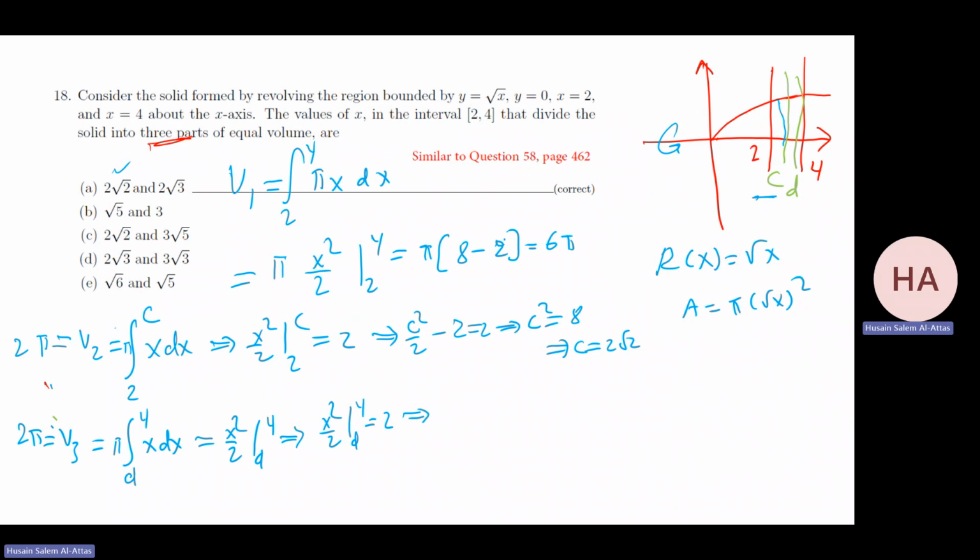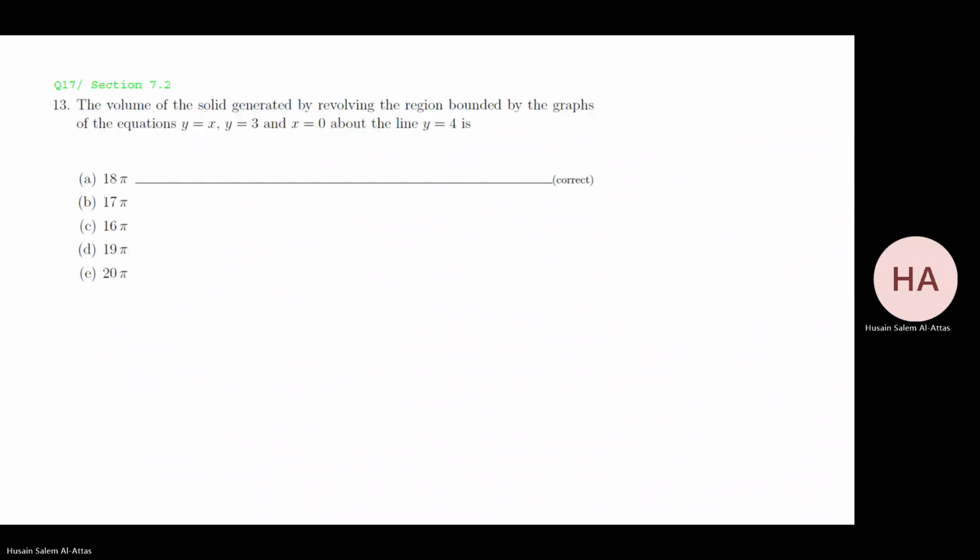So I have 16 over 2, that is 8, minus D squared over 2 is equal to 2. So D squared over 2 is equal to 6. So D squared equals 12. So D equals square root of 12. I'll take the plus, I'll not take the minus. So this is my answer.